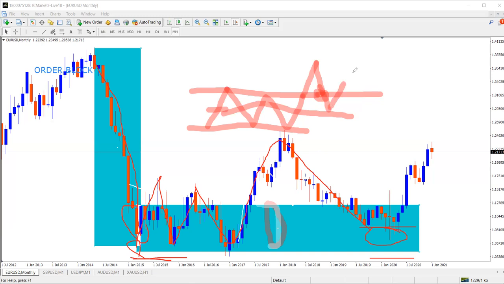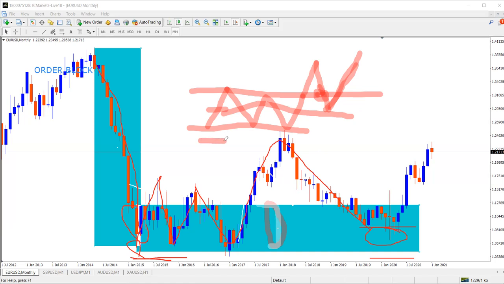Then we buy from there. So sometimes we place a pending order entry here, so that when price hits that area, it starts buying for us.